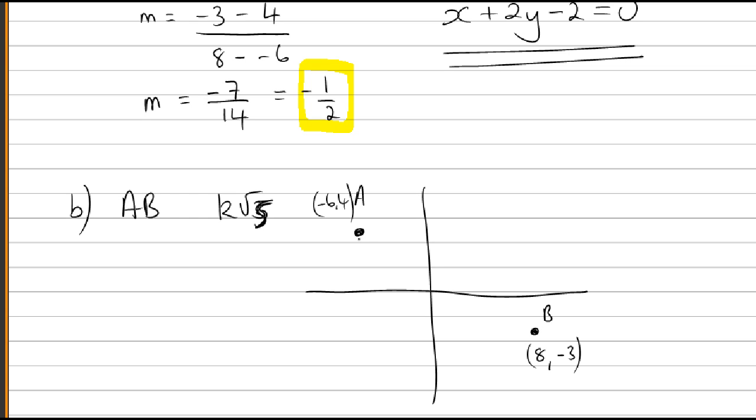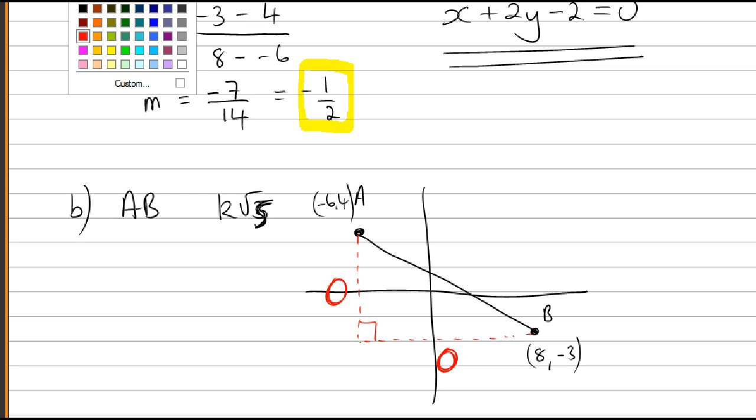And we need to find this distance between them. So automatically you should be thinking Pythagoras. And we need to find this distance here and this distance here and apply our knowledge of Pythagoras.